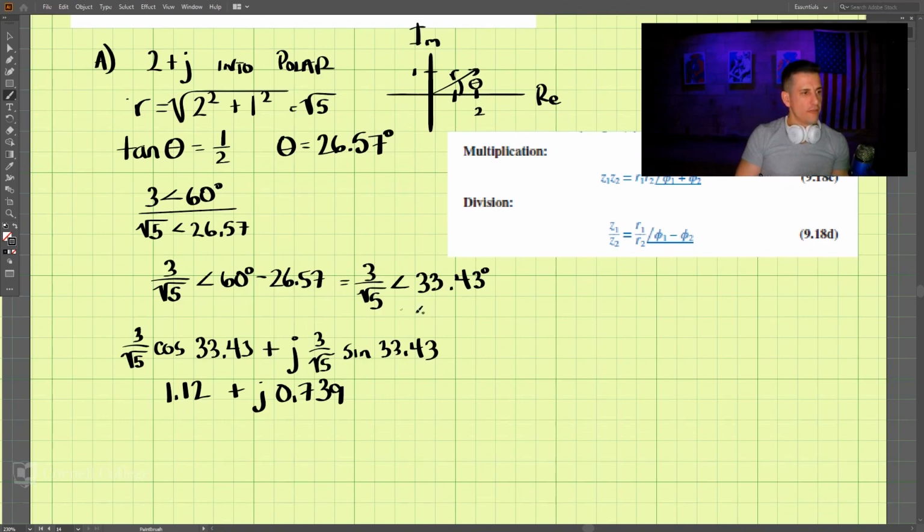So we just converted this value into a Cartesian form.